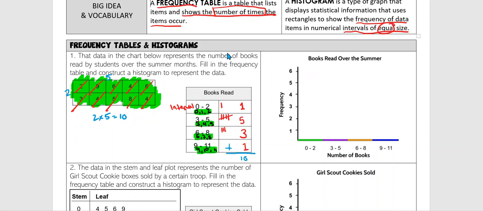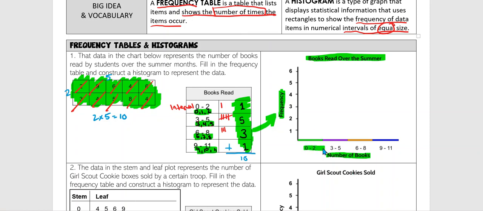Once we have our frequency table, we're going to use that to create our histogram. And when we look at our histogram, there's a few things that we'll see. We always have a title. We always have labels telling us what we're talking about. And the y-axis is always going to be frequency. So we're going to use that data that we came up with here in our frequency table to fill in that frequency.